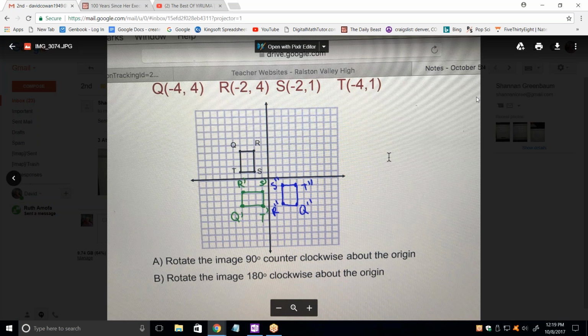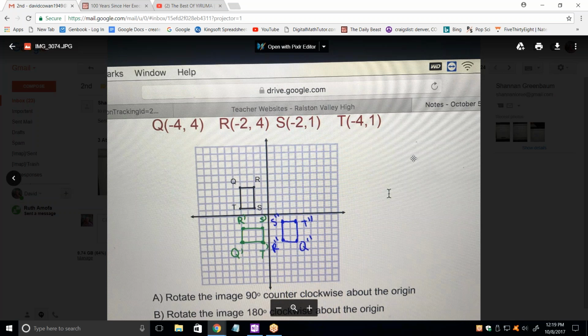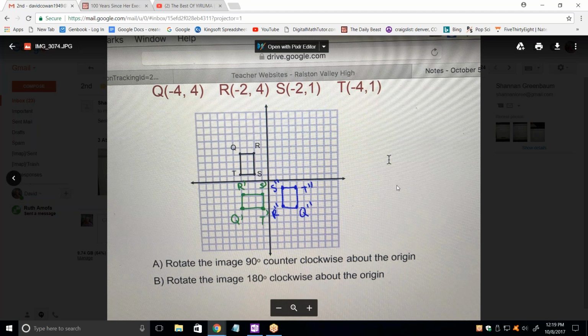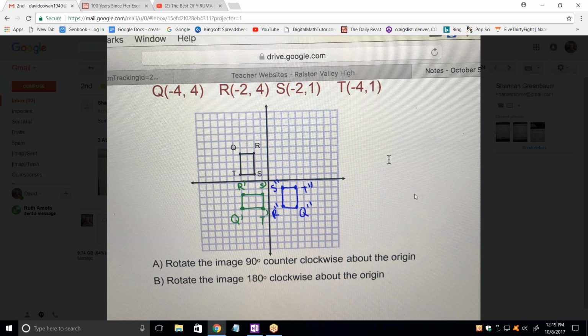Notice that the original rectangle is the black QRST, and it gives you the coordinates of Q, R, S, and T. They want you to do 2 things.